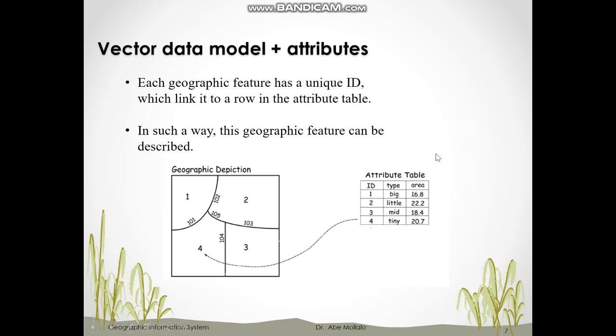Any type of attribute is recorded as a column, right? So this is how geometry or spatial data and attributes are linked together in the vector data model in computers.